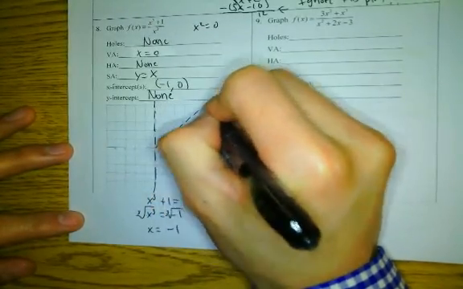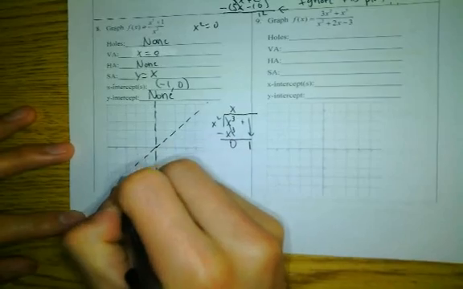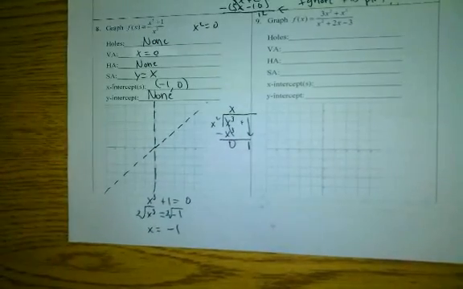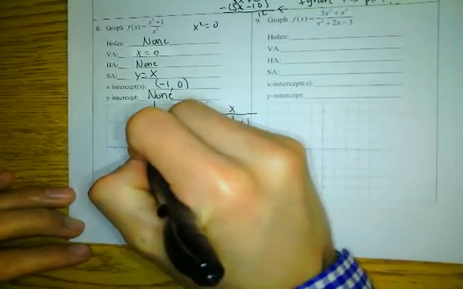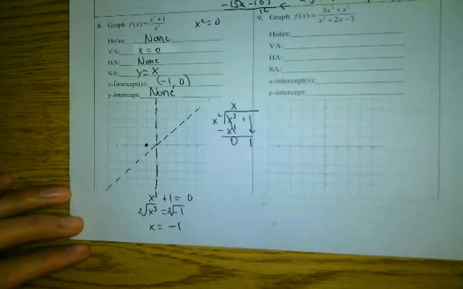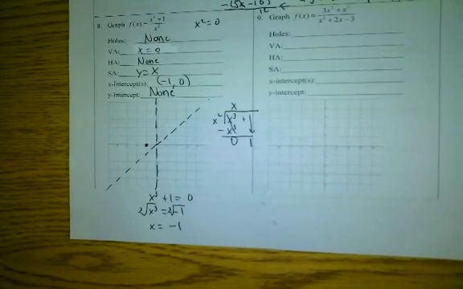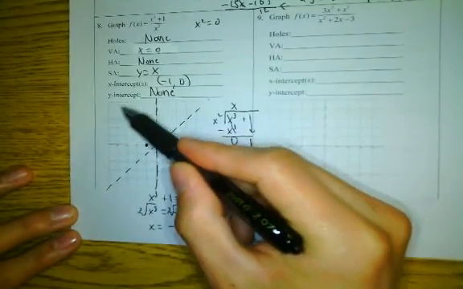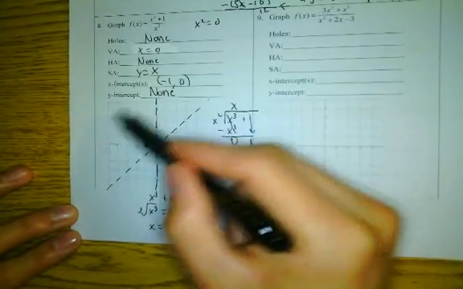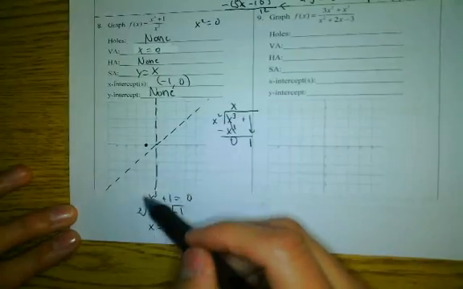So you can create an XY table to figure it out. If we put in 1 into the equation, 1 to the third power is 1, plus 1 is 2. 1 squared is 1, so 2 over 1 is 2. So (1, 2). So some of you guys went ahead and jumped and thought that it was going to be down here, right? Be careful.